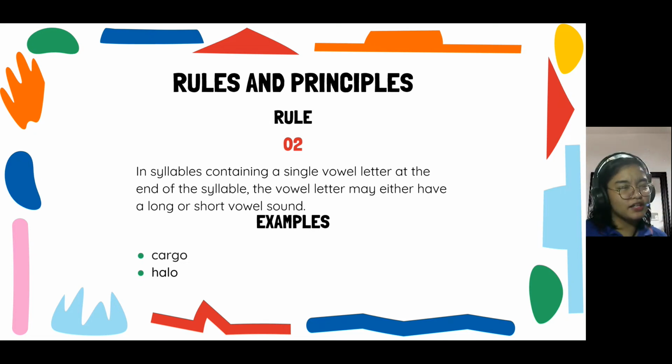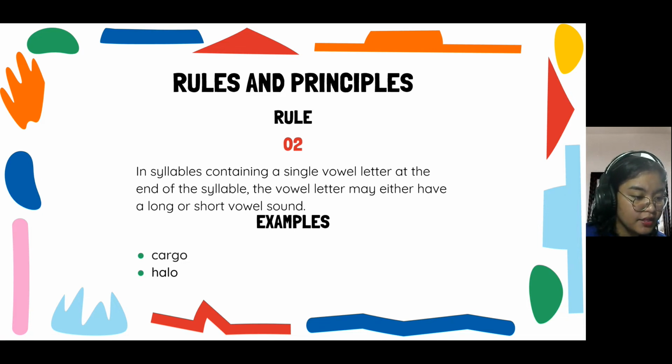Let's try another one. The word halo has a long O sound because, as we said in rule number one, in the word containing a single vowel at the end of the word, it is usually pronounced as a long vowel sound.